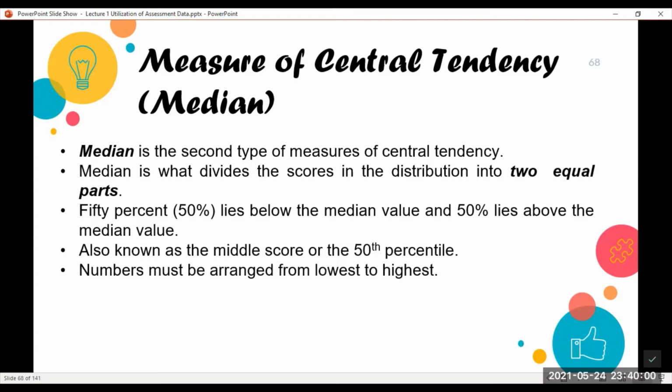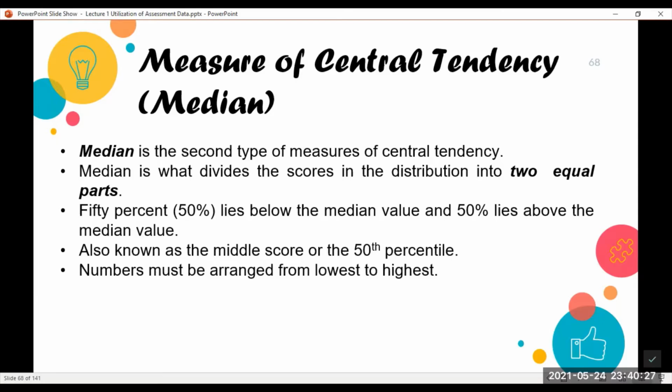You really have to arrange it because, unlike for our mean, sa mean natin hindi naman talaga siya kailangan i-arrange, no? I-arrange lang natin siya because we really wanted to have a very arranged data in such a manner that we can identify easily kung saan yung the lowest score and then of course the highest score.